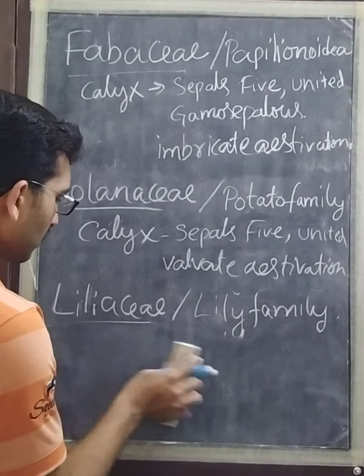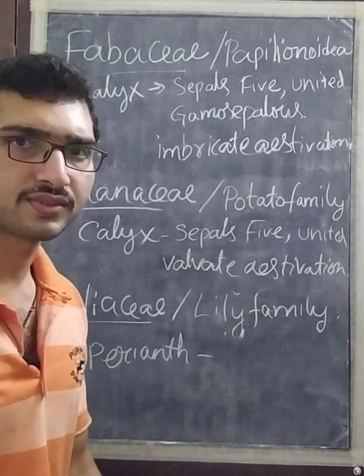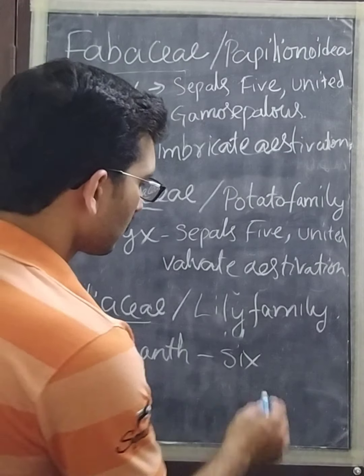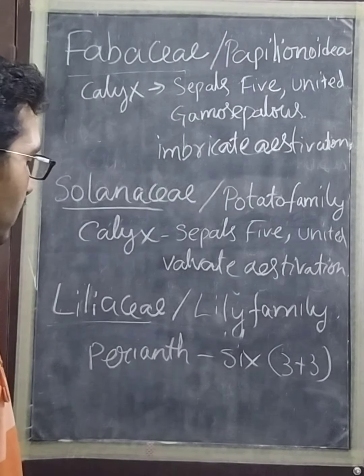The perianth of the flower includes six tepals, arranged in 3 plus 3. Perianth is 3 plus 3. Now, after discussing the calyx, we will discuss the corolla.